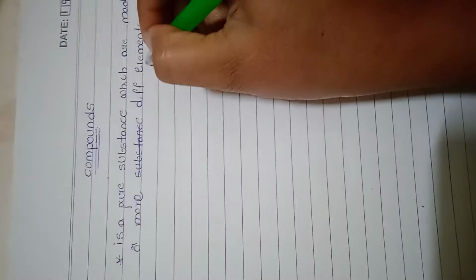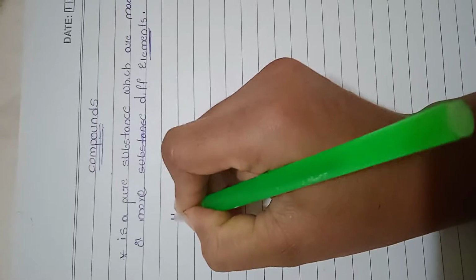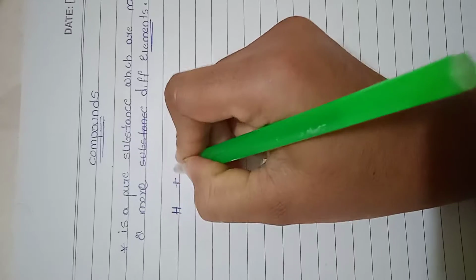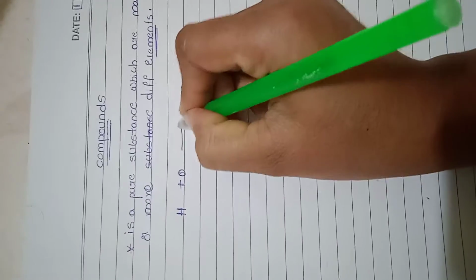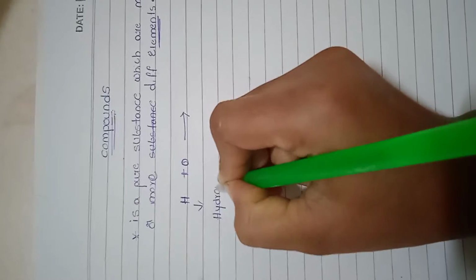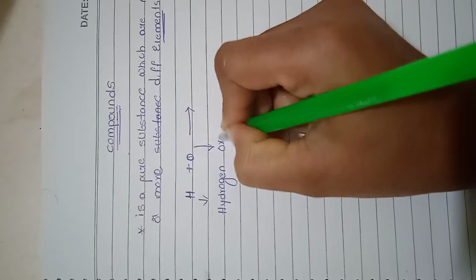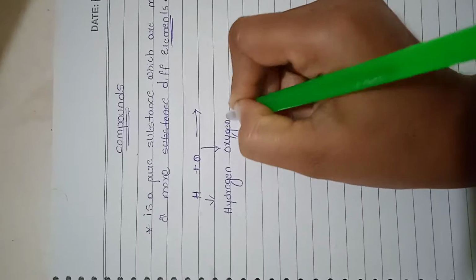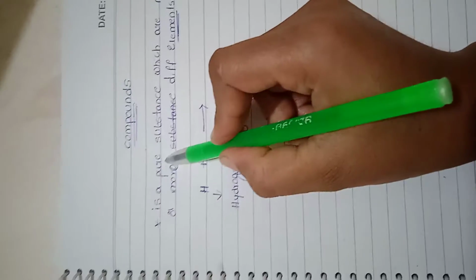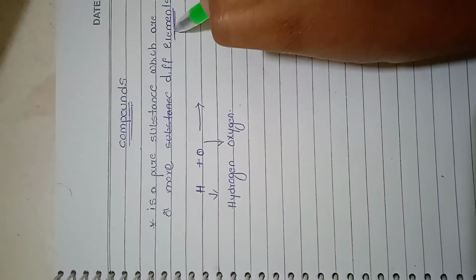For example, what elements am I taking? Hydrogen and oxygen. Hydrogen is the element, H, and O is oxygen. A compound is a pure substance made up of two or more different elements.